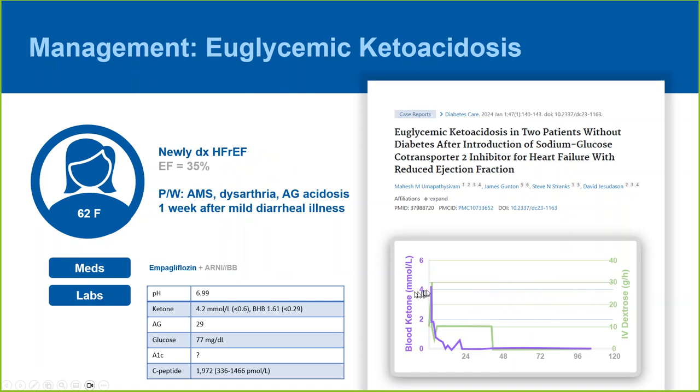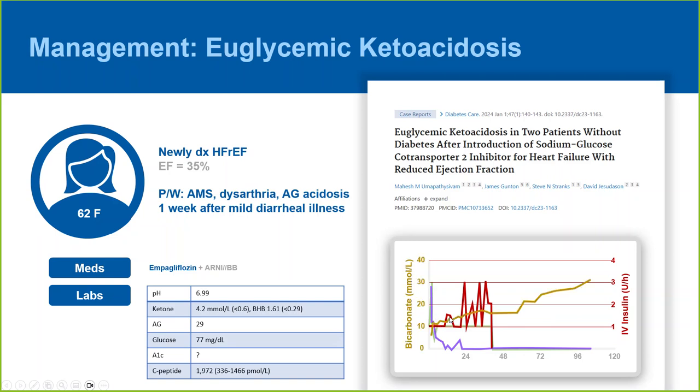And we can see a similar pattern with the 62-year-old woman, where she had a very precipitous drop in her ketones very shortly after initiating IV dextrose. She was actually started on insulin right out of the gate, and you can see that as her ketones dropped, her bicarb increased and her acidotic state resolved.